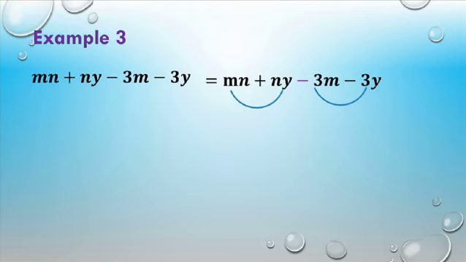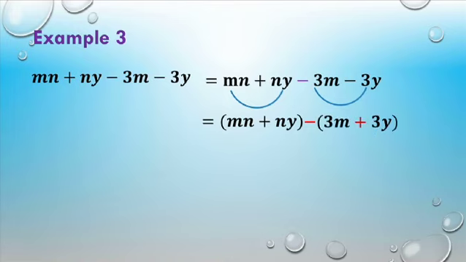So let us see what we do. mn plus ny will be between the first pair of brackets. Now I'm taking minus outside. So what happens is the sign inside the bracket will change. I had a minus, so now this is going to become plus. You need to be very careful here. Students very often forget to change the sign.